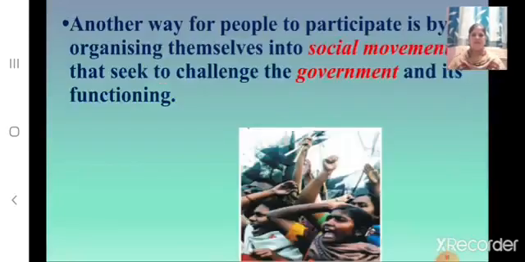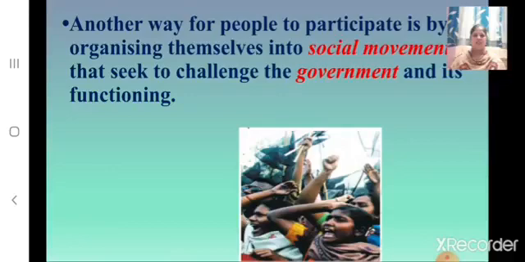And children, we know that in a democracy all people are allowed to participate, but it is true that all sections of the people are actually not able to do so. So another way for people to participate is by organizing themselves into social movements that seek to challenge the government and its functioning.